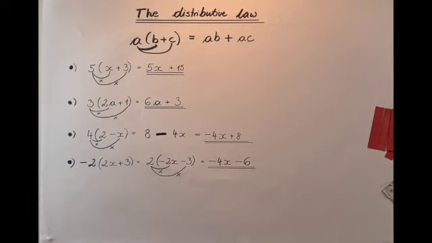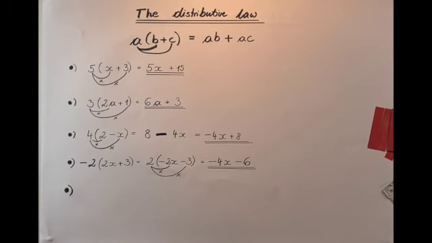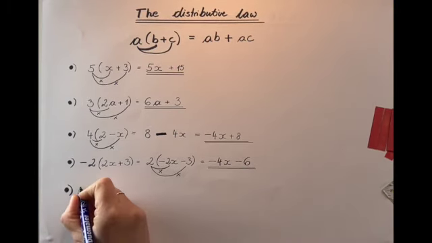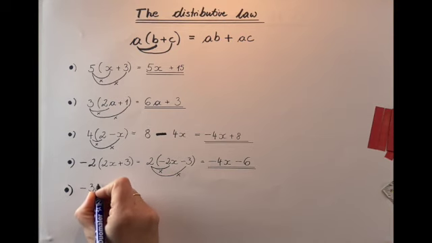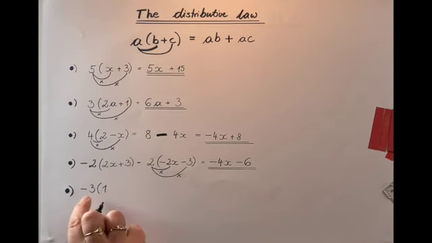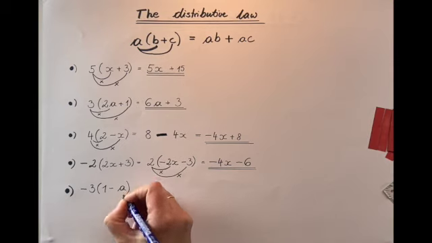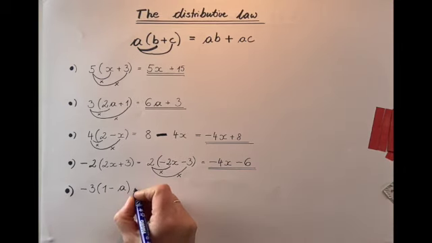One more. Maybe we would like to pause the video after I've written down the question to try and solve it yourself. That would be a good point to do now. So we have negative 3 times 1 take away a. So I've got two negatives now.